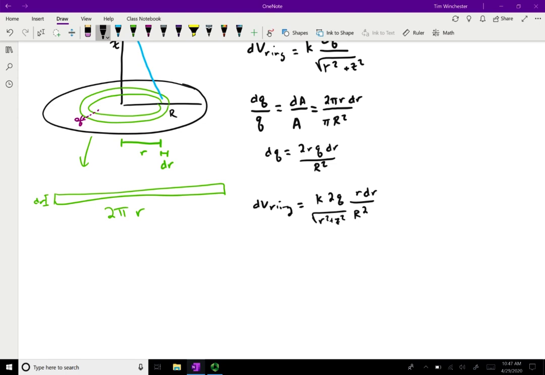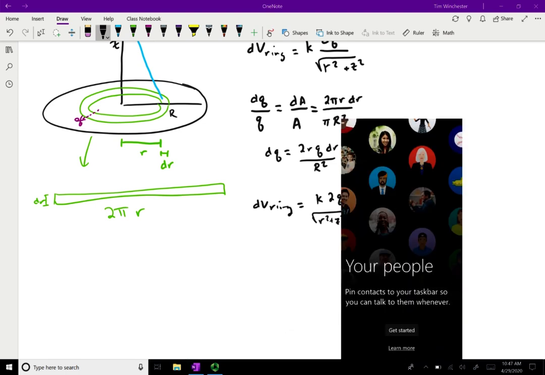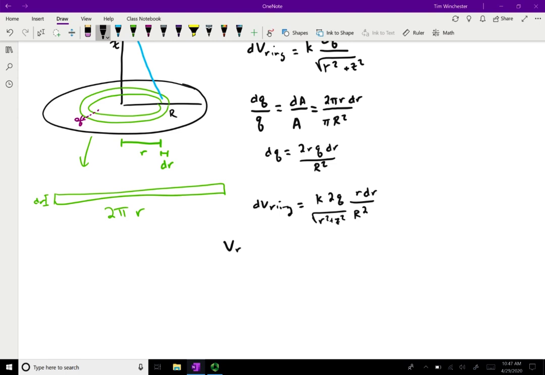Okay, so what we want to do then is integrate to get v for the whole disk, which is equal to the integral of dv for the ring from r equals 0 to r equals capital R. Okay. And we have an expression for that, so let me just plug everything in.